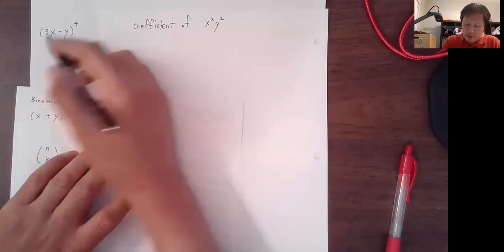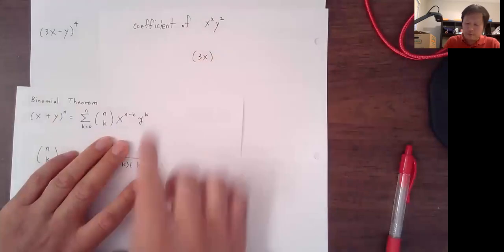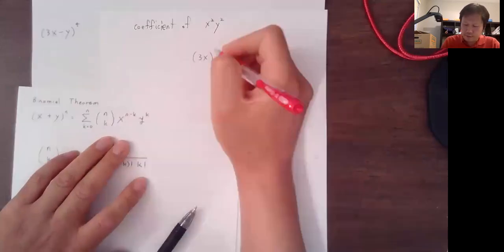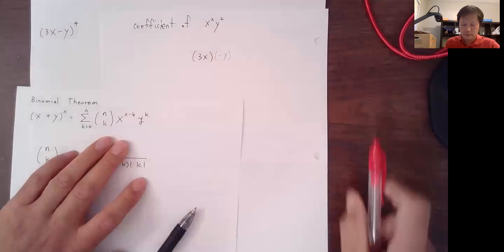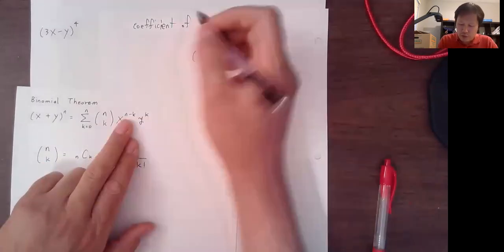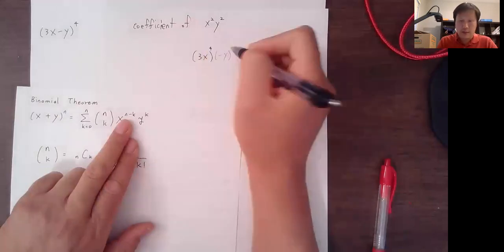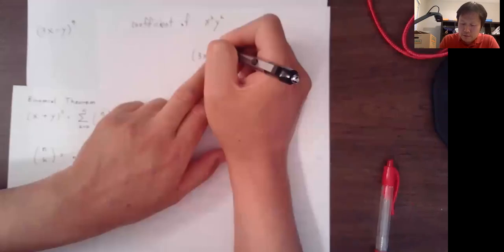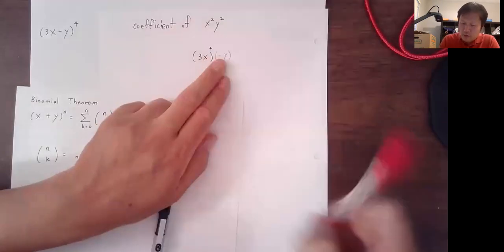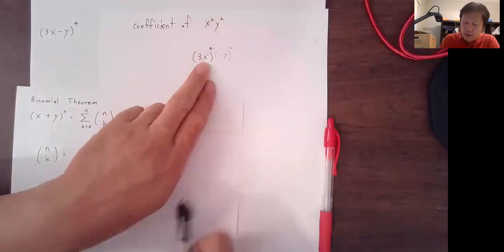So the first term is 3x. The second term is minus y. n is 4, so you already know it's 4 minus k, and that's the power, 4 minus k. The second term has the k power.